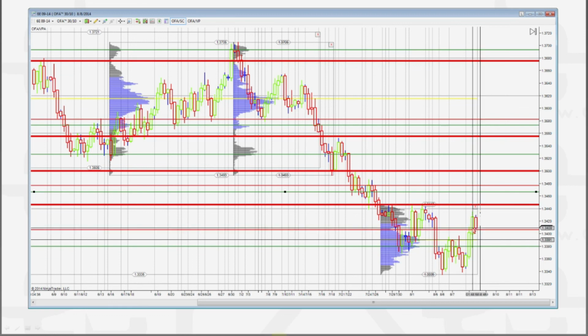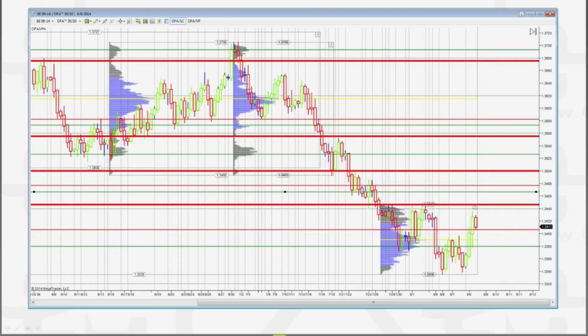So I start doing my if-then. If price pops above this low volume area, this is where I'm looking to take my long, at 13406, right in that area.